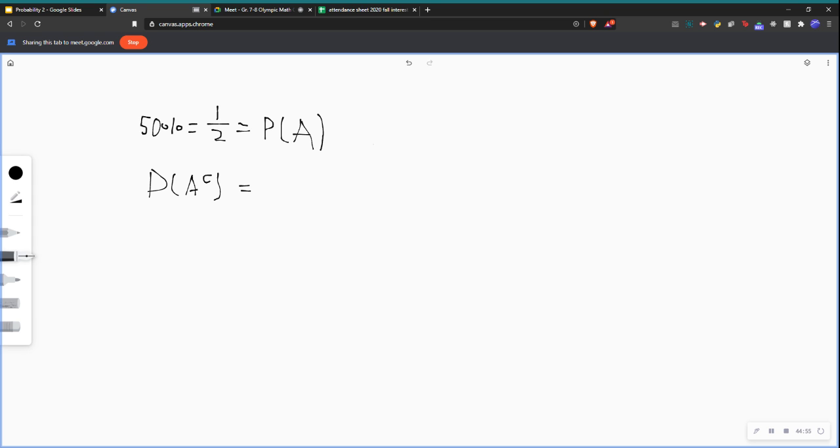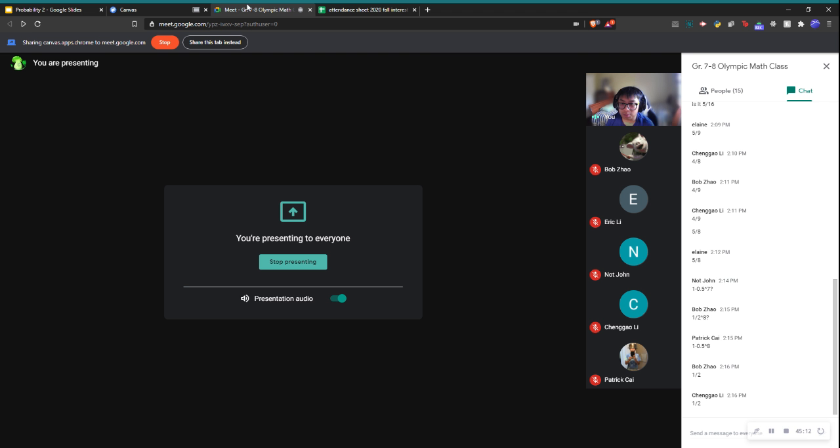That's called complement probability. The way we get this is we do 1 subtract the normal probability. So 1 subtract 1/2, and it's the same thing. It's just 1/2. Right, now can someone tell me what the probability is of me not getting perfect on all 8 tests? What is that?